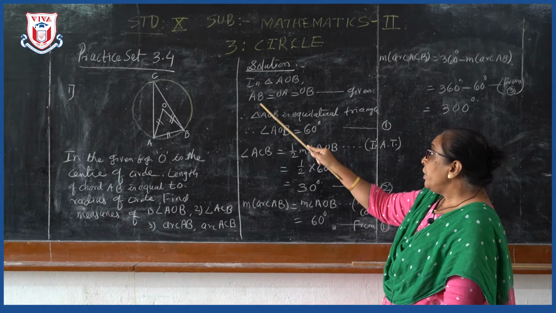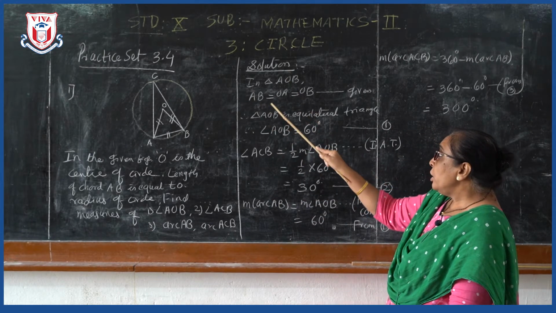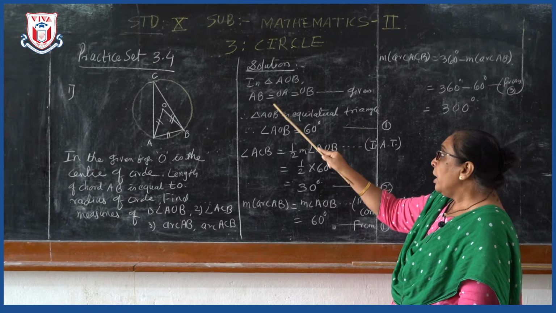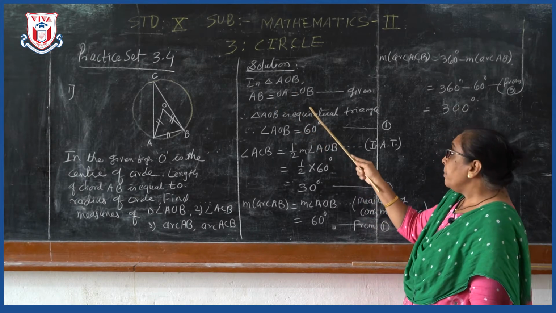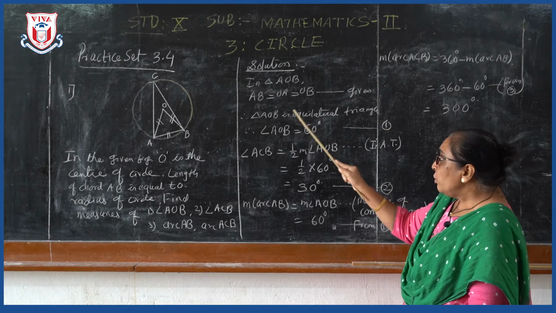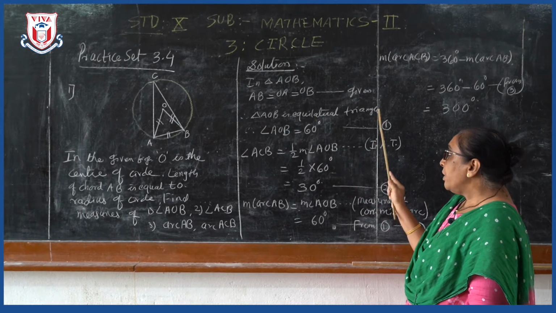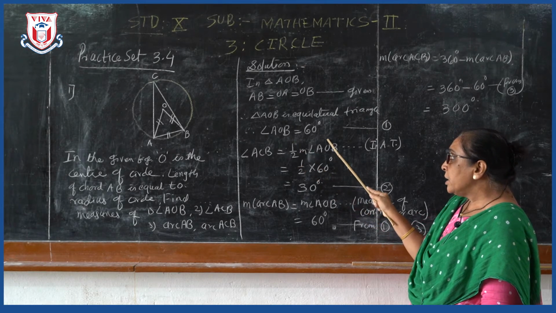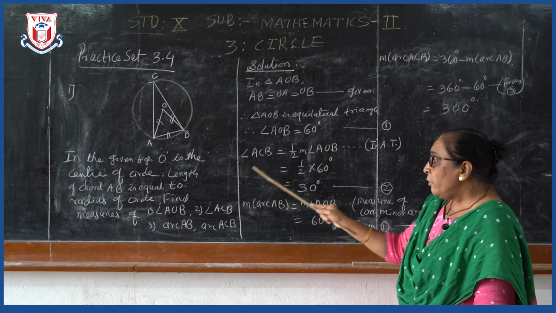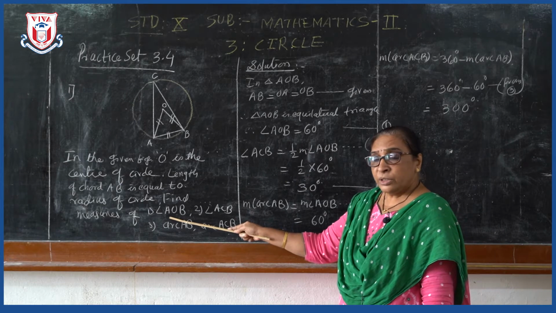Now, children, so we can say here in the solution in triangle AOB, AB equal to OA equal to OB, that is given to us. Triangle AOB is equilateral triangle, and therefore angle AOB is 60 degree. So, the first answer we got.